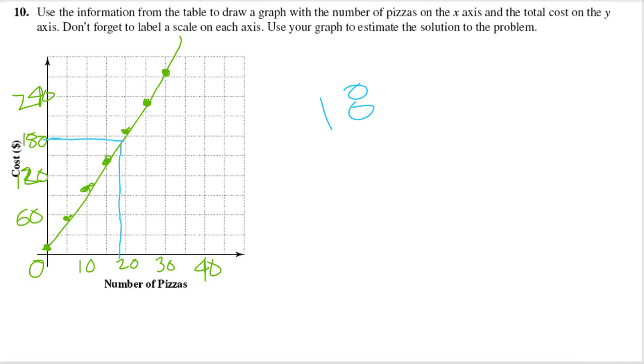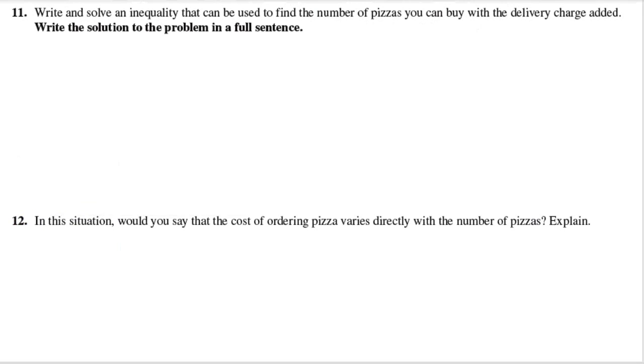So go on to question 11. I have a feeling question 11 is going to have you calculate this somehow. Restart the video once you're done with question 11. Question 11 says, write and solve an inequality that can be used to find the number of pizzas you can buy with the delivery charge added. So we've got an equation.